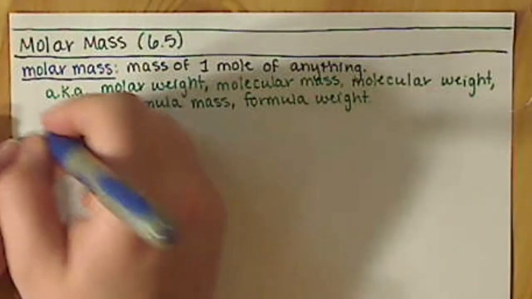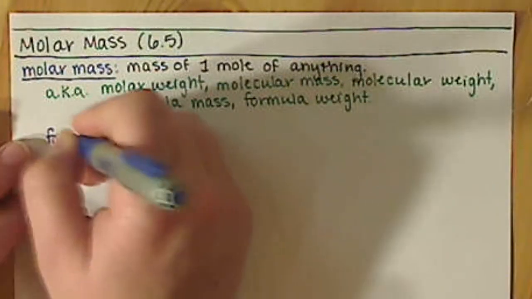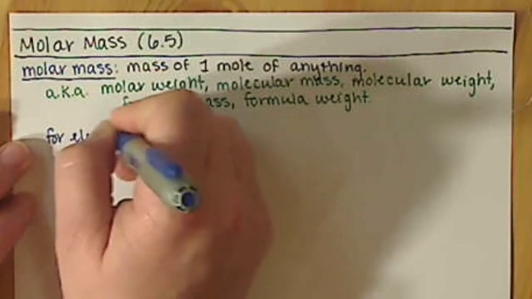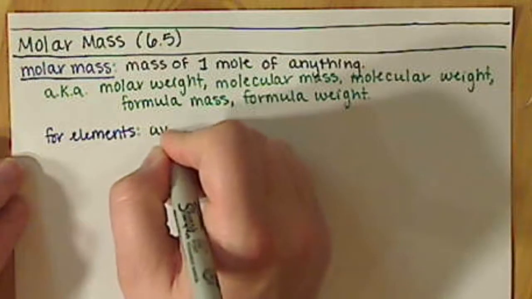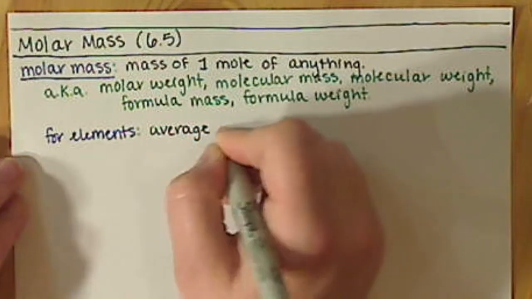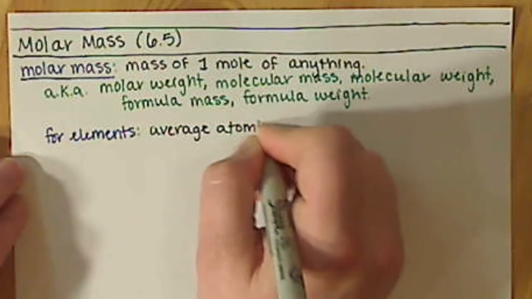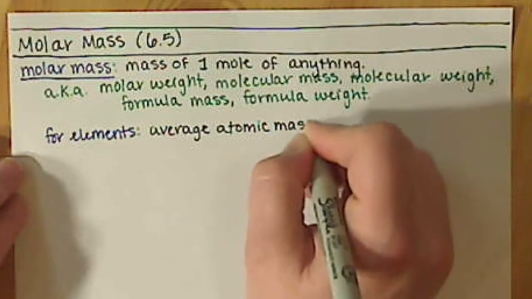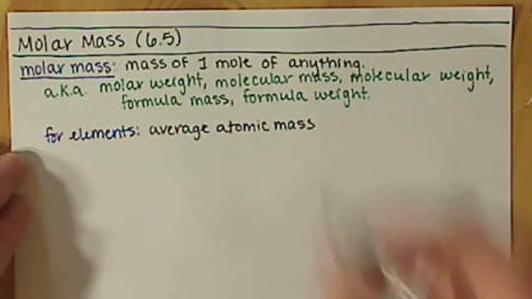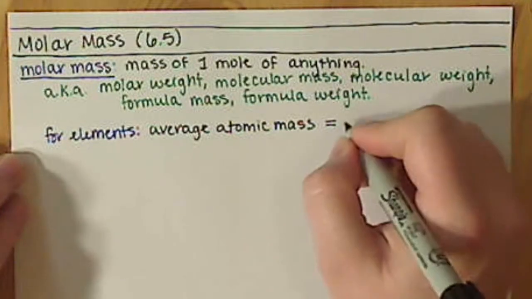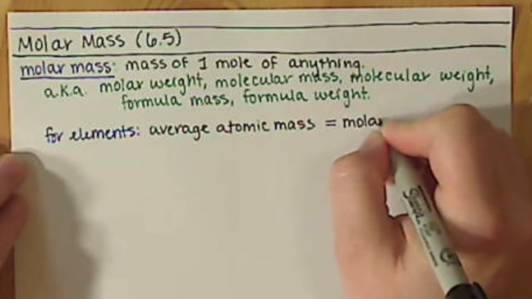Now, for elements, how we get the molar mass is that their average atomic mass, which we first talked about in chapter 3, is equal to its molar mass.